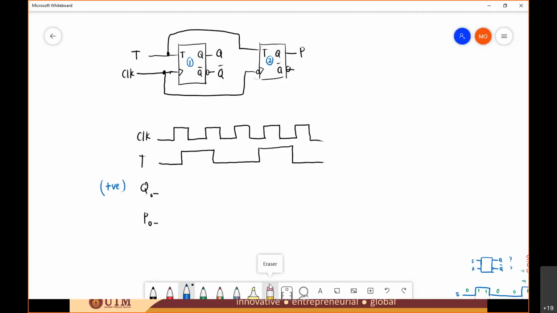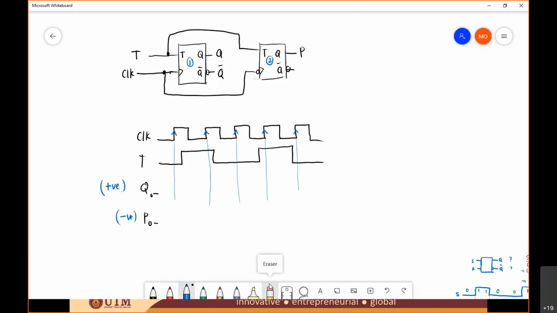Because the clock source here, you have bubbles. So this is a negative edge triggered. For positive edge, we look at every rising edge of your clock source. Your output Q will only change every rising edge. Every time it is a rising edge, it will change.